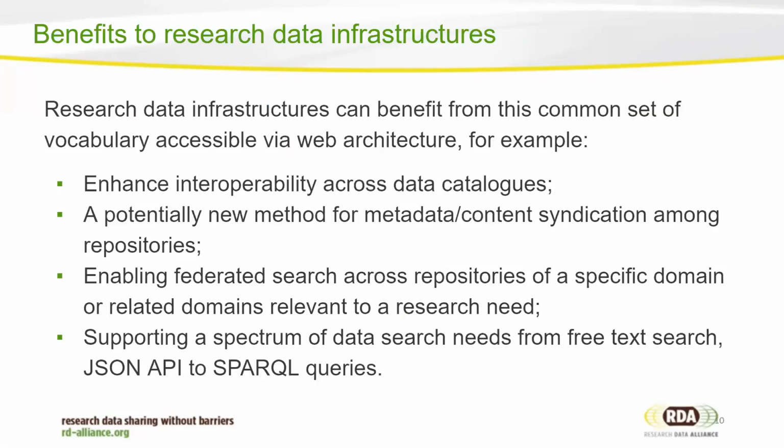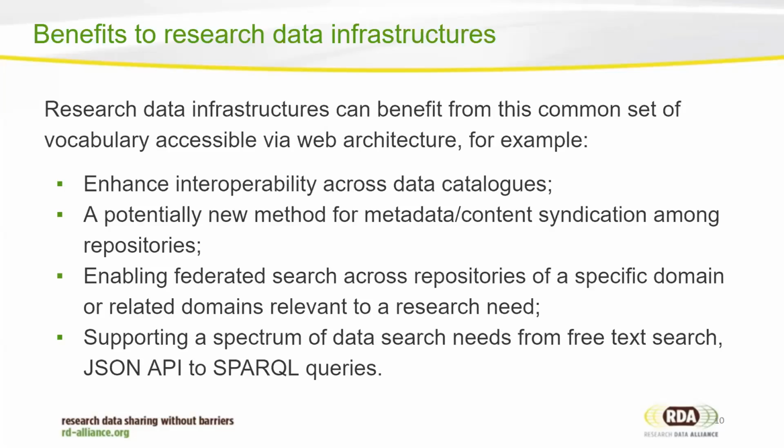What are the benefits that we think this will bring to research data infrastructures? We want to increase interoperability. If we are following a common way, interoperability will be easier across data catalogs, and this will also enable federated searches across these different repositories. Remember, it has to be a common way, but it doesn't have to be exactly the same one.